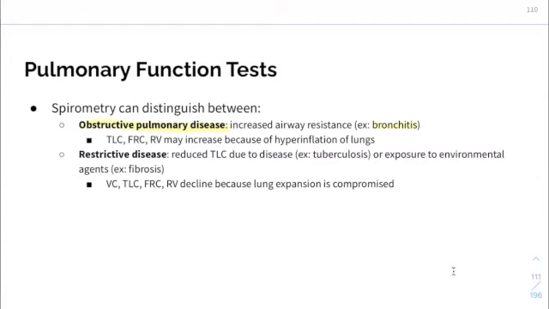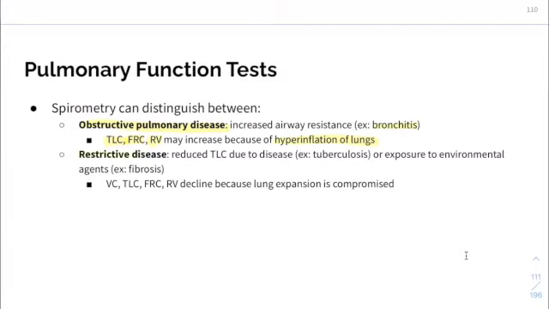So spirometry can tell us the total lung capacity. It can tell us the residual volume, or the functional residual capacity and the residual volume. But those may increase if we have hyperinflation of the lungs, and that happens in obstructive pulmonary diseases like bronchitis.